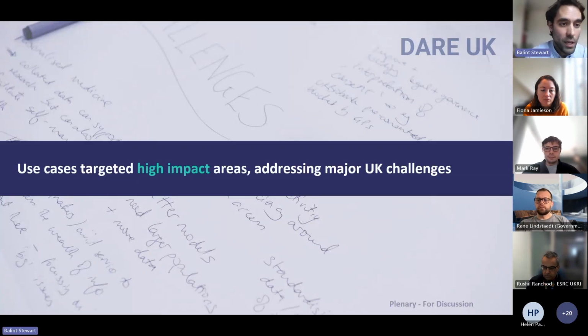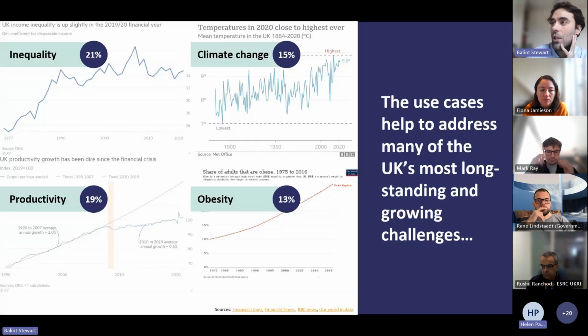So use cases were diverse. We've seen lots of representation of different kinds of data across different sectors, but they also targeted, in terms of their problems, high impact areas, addressing major UK challenges. This includes some of the most long-standing, persistent or intractable, should we say, societal problems. There are a few examples that we've got here.